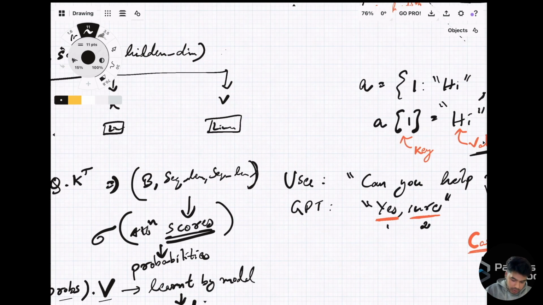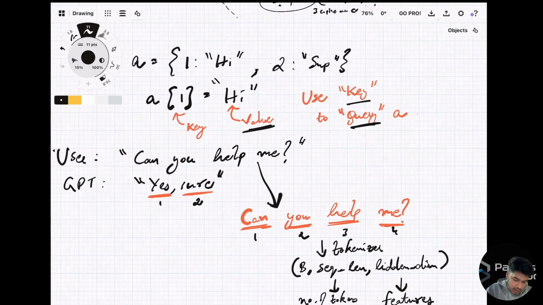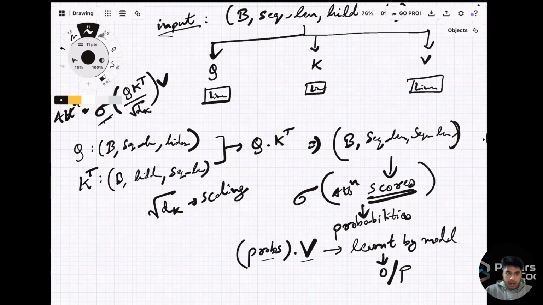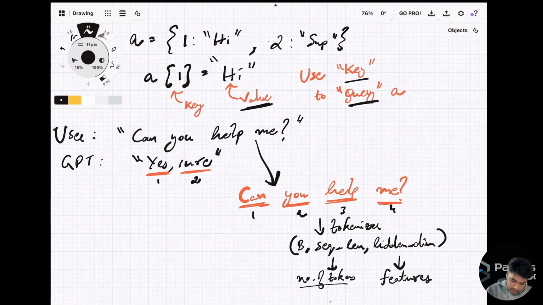If we go back to our example, when you write, can you help me? Then ChatGPT says, yeah, sure. That's because ChatGPT goes through your sentence, it understands the attention, and now every token has communicated with every token. For example, the first token has been multiplied with all the other tokens.